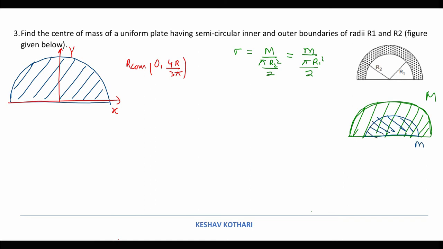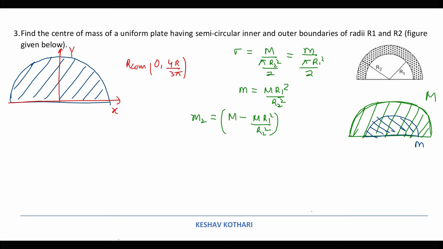So from here we can frame an equation somewhat like this: small m is equal to capital M r1 square by r2 square. So I can write over here that m2 is equal to M minus M r1 square by r2 square.